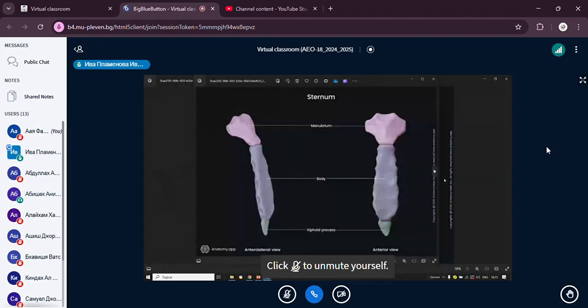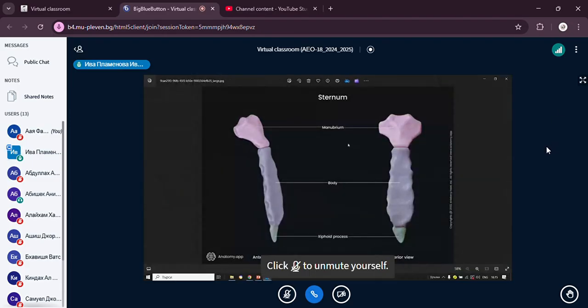What do you remember? This is the sternum with its three parts: manubrium, body, xiphoid process. What do you remember about the manubrium? What was that here? Just on the middle, on the superior border or margin?